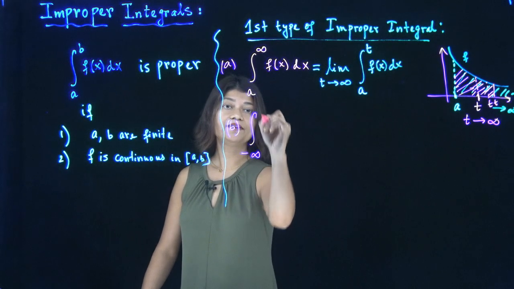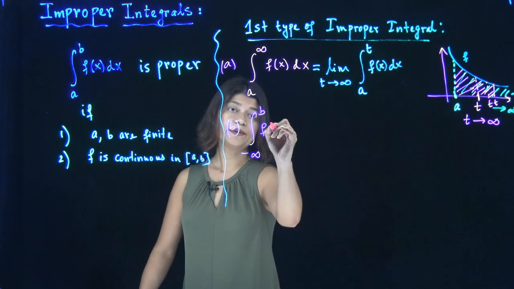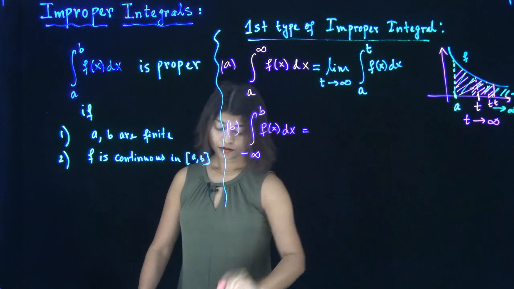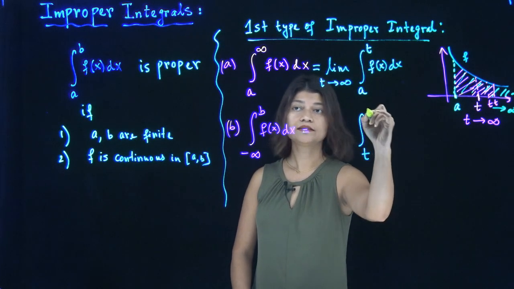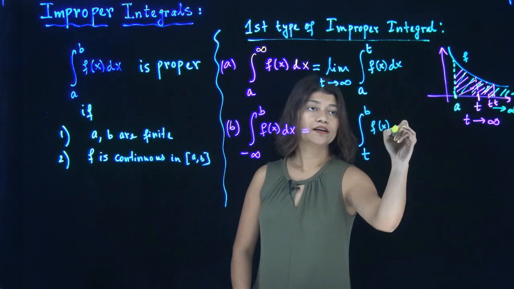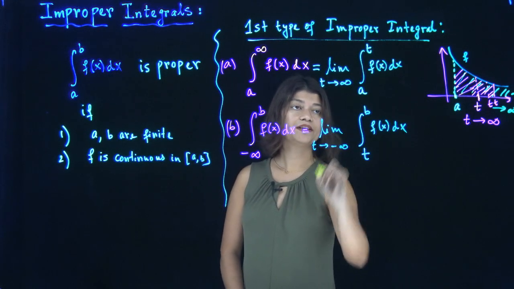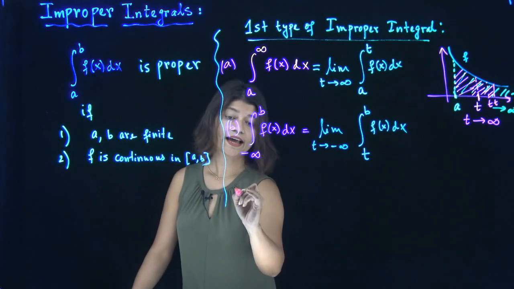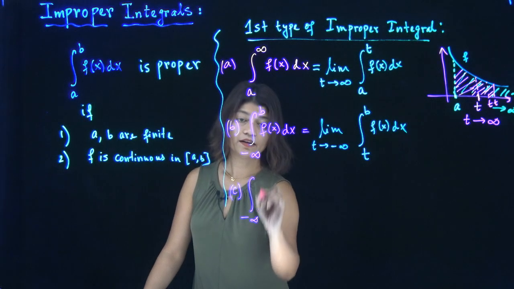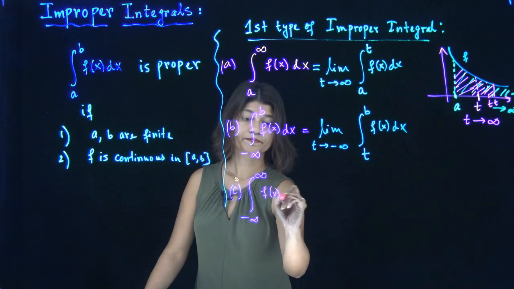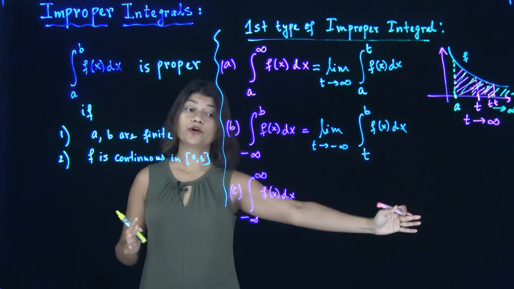All right, so what else can there be? It can be negative infinity to b. The lower limit can be infinite. Then it's the same exact definition. We replace that negative infinity by a t, evaluate that integral using the fundamental theorem, then take a limit as t approaches negative infinity. The third case that can happen is that both of the limits, the upper and the lower, are infinite. So you're finding the area under the curve all the way from negative infinity to positive infinity.